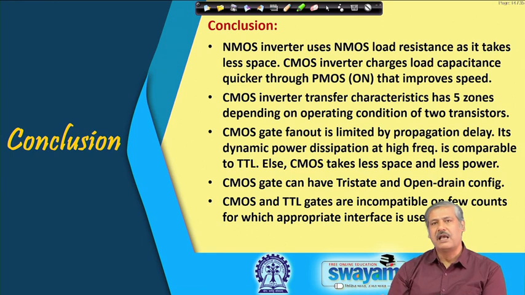It can have tri-state and open drain configurations. TTL and CMOS gates are incompatible on a few counts, not all the counts, and that can be appropriately taken care of when TTL and CMOS gates are to be interfaced with one another.